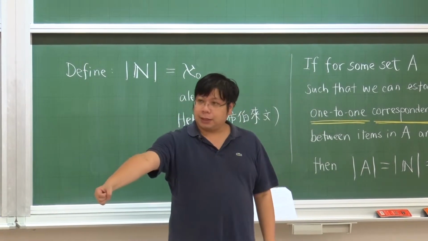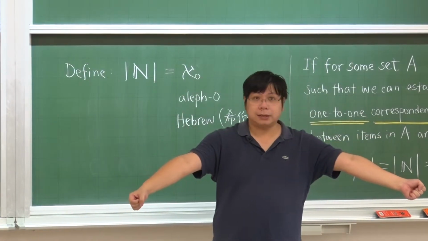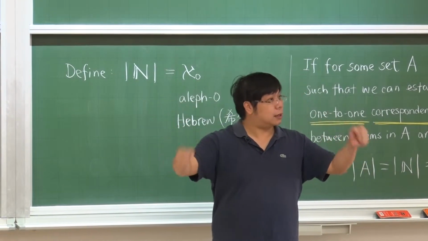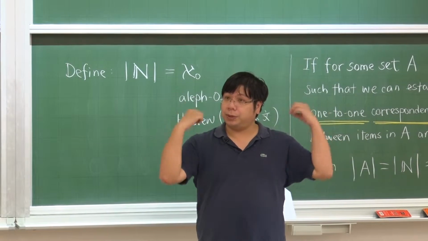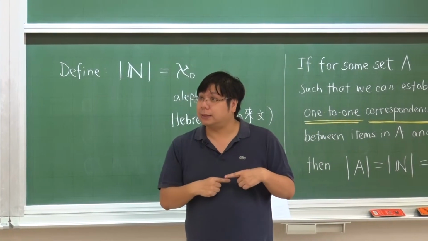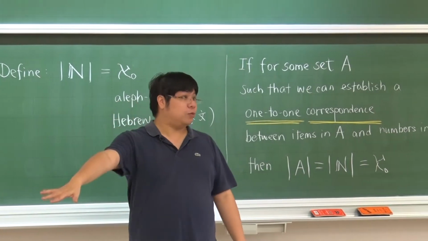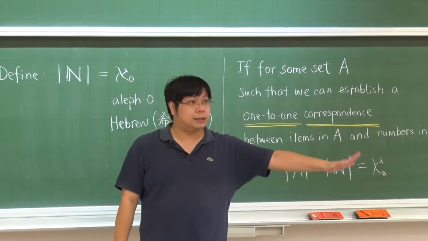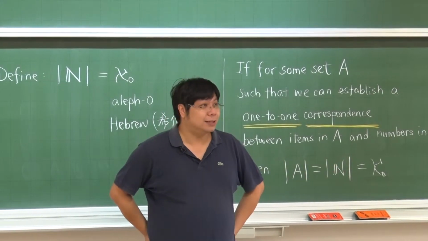You pick another object in the first set, you pick another object in the second set, right? And both cancel. So if you can find out a correspondence, one-to-one correspondence between the two sets, then you know that these two sets will be the same in size. On the other hand, if one runs out first and the other still has some items, then you know that this side is larger. Is that okay?